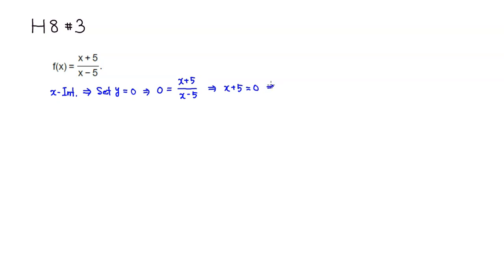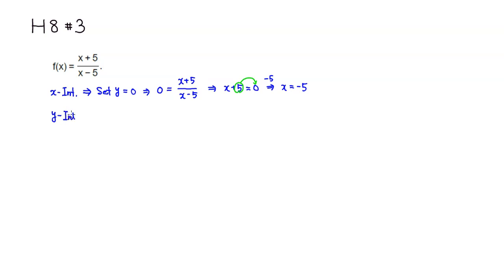Then we can move 5 over to the other side by subtracting 5 from both sides. So you have x is equal to negative 5. So that's the x-intercept.